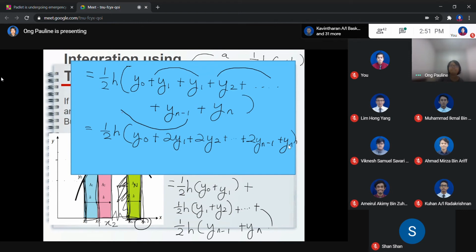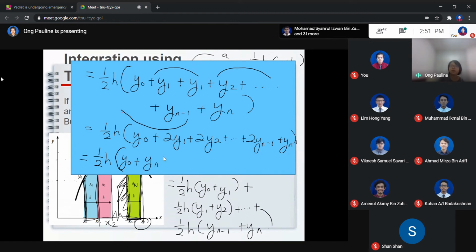I can even simplify it further. I have 1 over 2h, and I put y naught and yn, the starting point and the ending point, together.